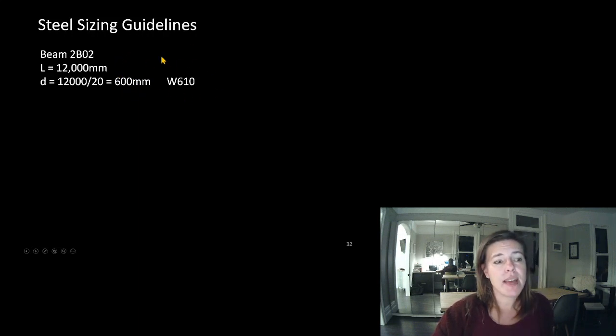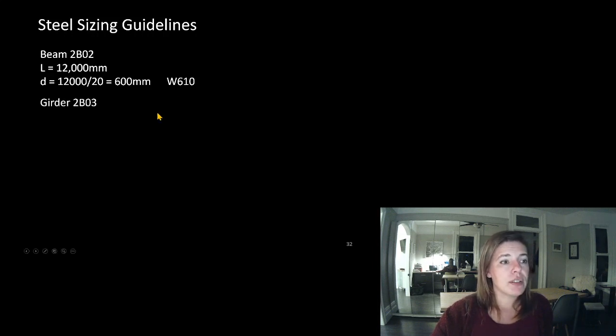And the next available W section that they make is the W610s. So on our drawings, we would say 2B02 is probably a W610, so something that's around 610 millimeters deep. This would be for your preliminary drawings. It still needs to be engineered, but this would be great for a preliminary drawing set.